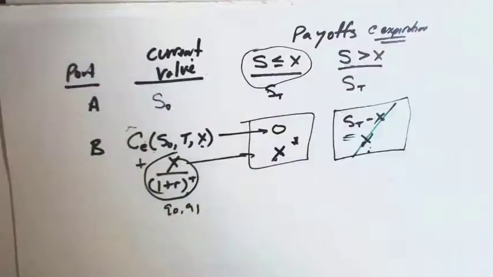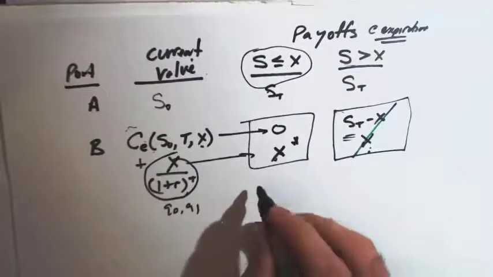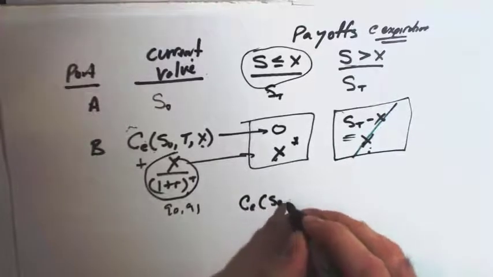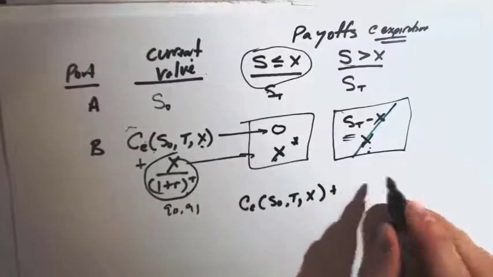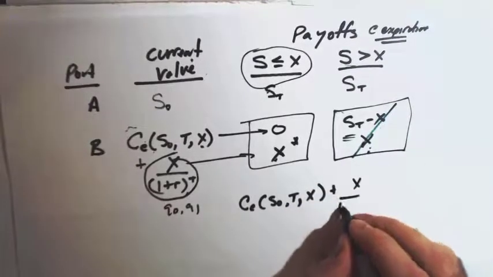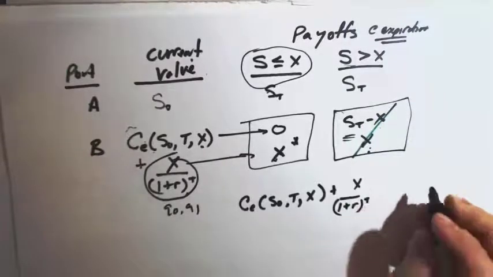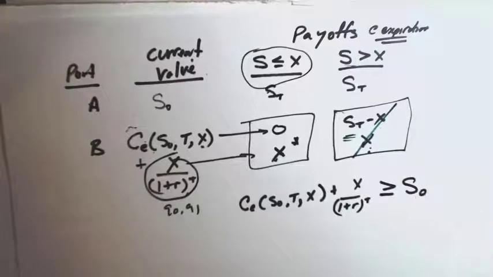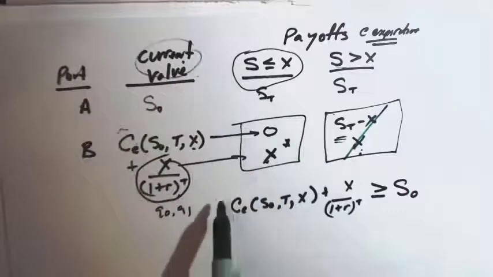It dominates. So how do we write that? Well, we could write that today: the European call plus the bond, at today's value, has to be greater than or equal to the stock price today. We want to look at what it is worth today.